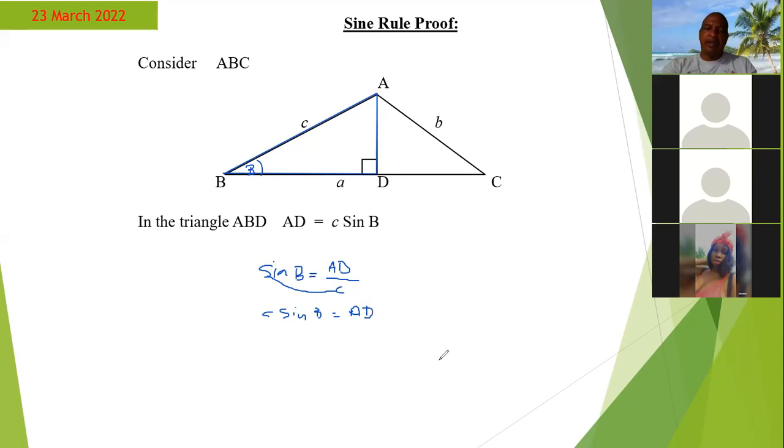All right, everybody agree with that? And so if we flip it around, we can say AD is equal to C sine B.